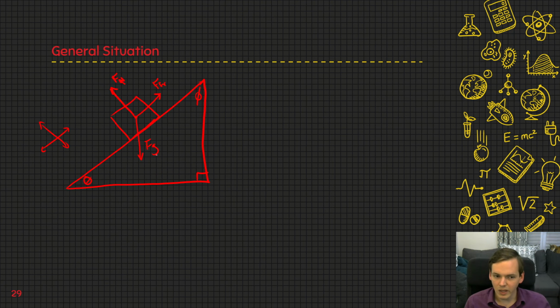Because the object doesn't move in or out of the ramp, we know that in the y direction, the net force is 0. So what we need to do, typically, is break this Fg into components. If Fg is pointed down like this, we're going to have one component that is perpendicular to the ramp and one component that's parallel to the ramp. That's a poorly drawn diagram because it doesn't look like it matches what we have, so let me redraw that.